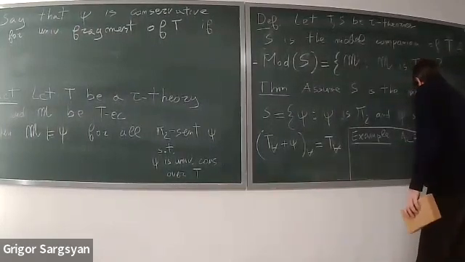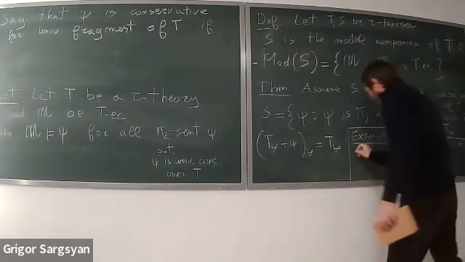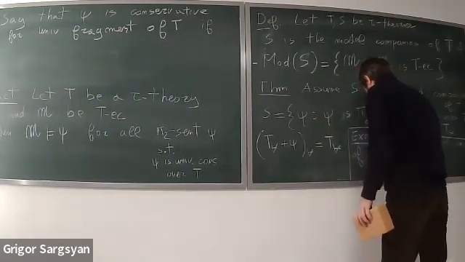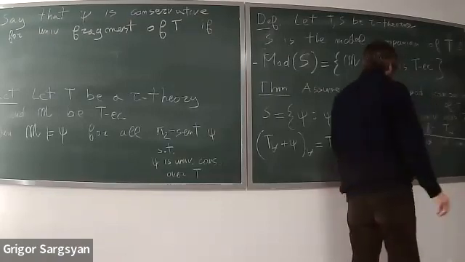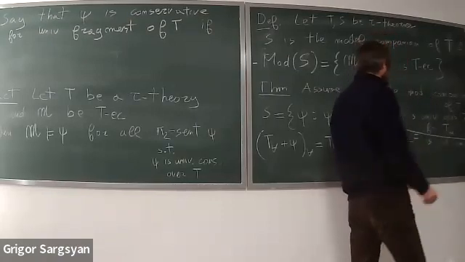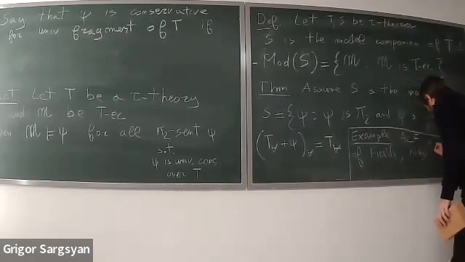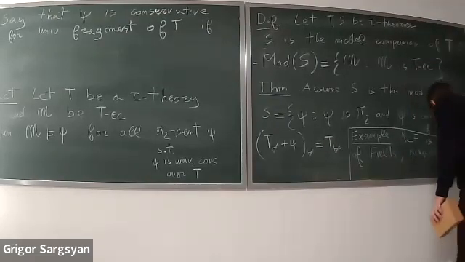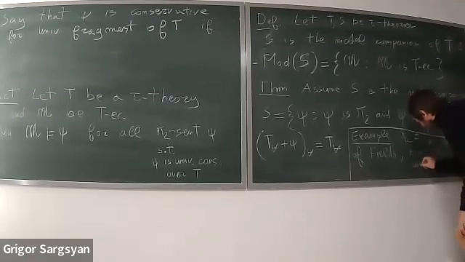ACF is a model companion of fields. Well, in this case, you see that the theory of fields is a sub-theory of ACF, and also in rings with no zero divisors, which are not fields.